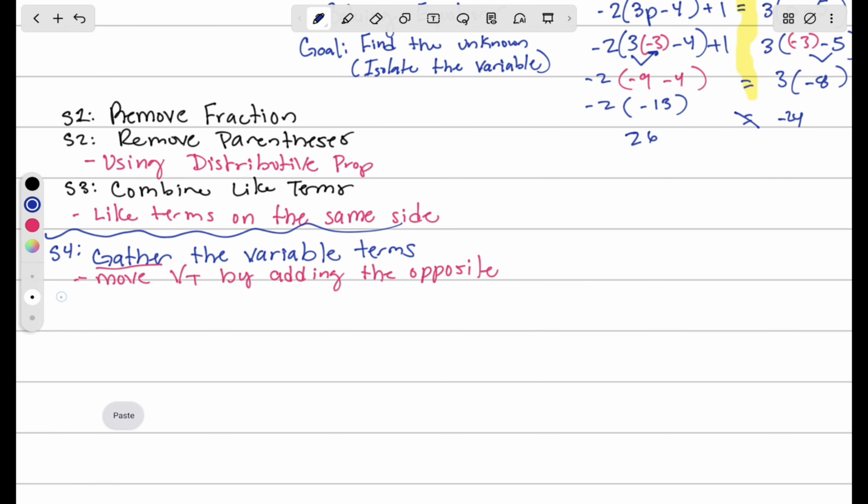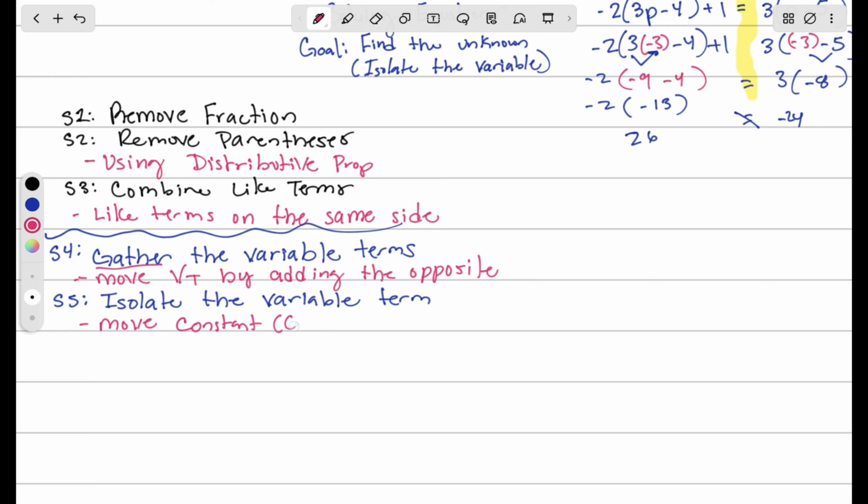Step 5. Once they've been gathered, the key word here is isolate the variable term. Because you shouldn't have a 1, because you gathered them. So isolate the variable term. To do that, you have to move the constant.